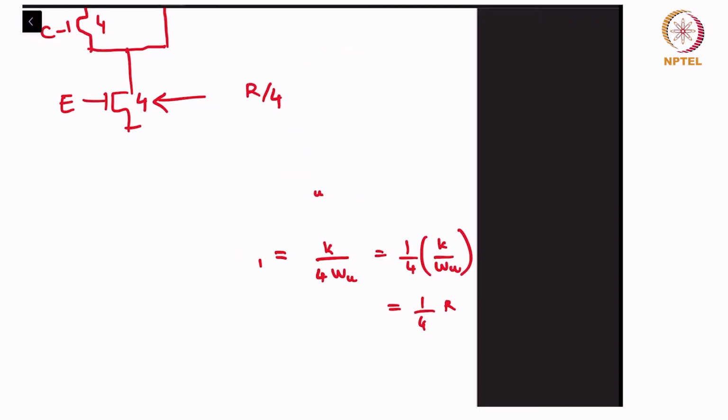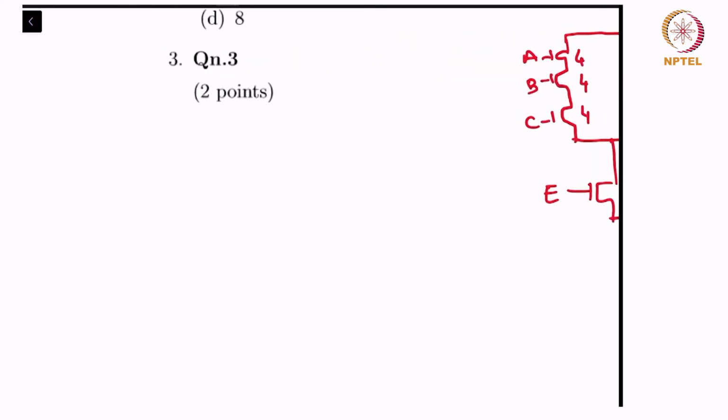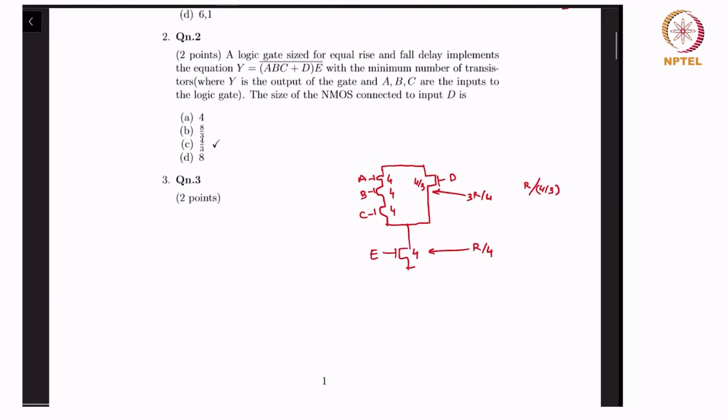So 1 by 4R is the resistance here, right? 1 by 4R. So you can allow this to be 3 by 4R. So R divided by 4 by 3 or 3 by 4R. And so that means the width here is going to be 4 by 3. So yeah, 4 by 3 is the answer here.